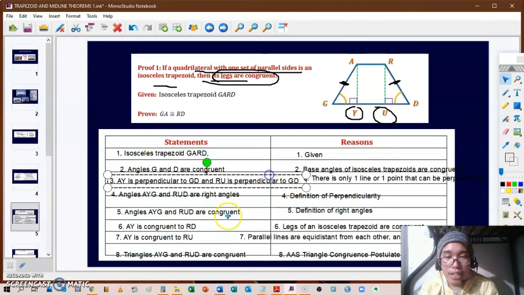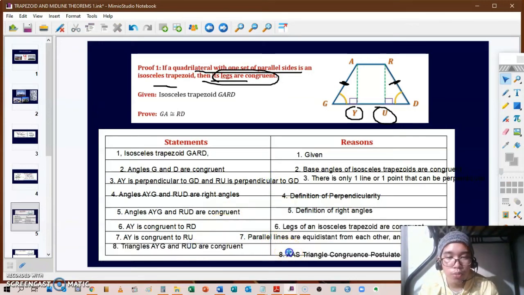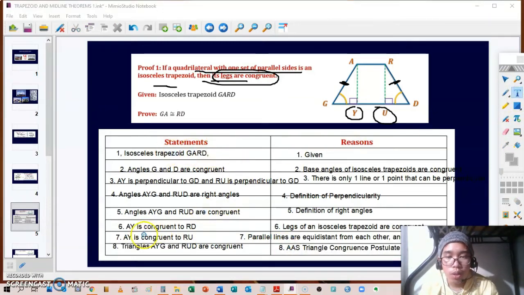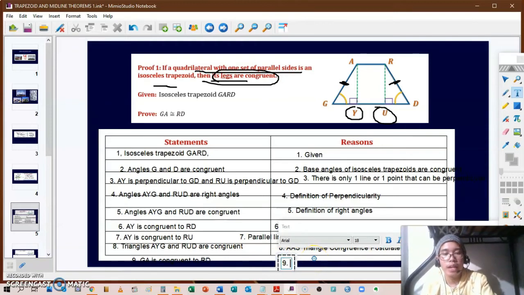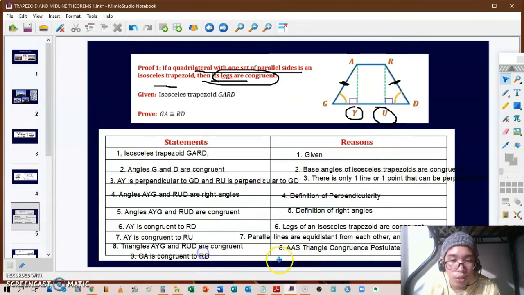And then lastly, since we have proven that the two triangles here are congruent, their corresponding parts must be congruent. So number 9, GA is congruent to RD. And the main reason for that, number 9, is CPCTC, or the corresponding parts of congruent triangles are congruent.